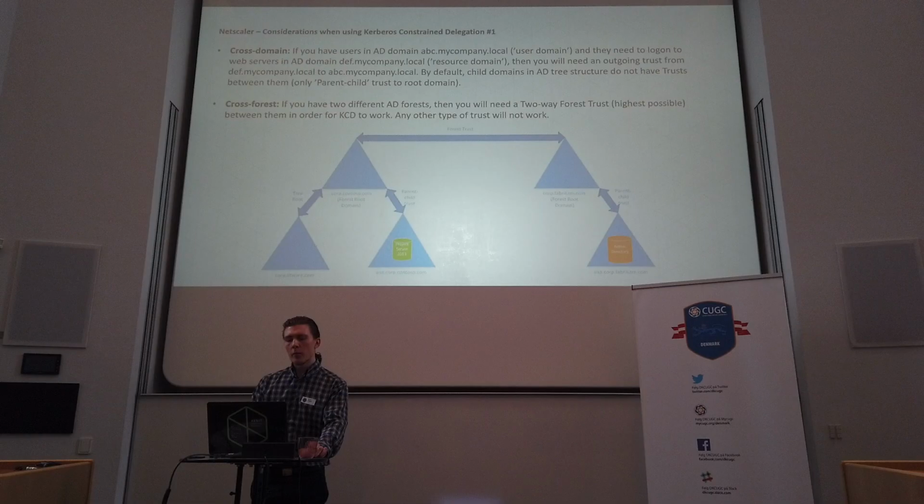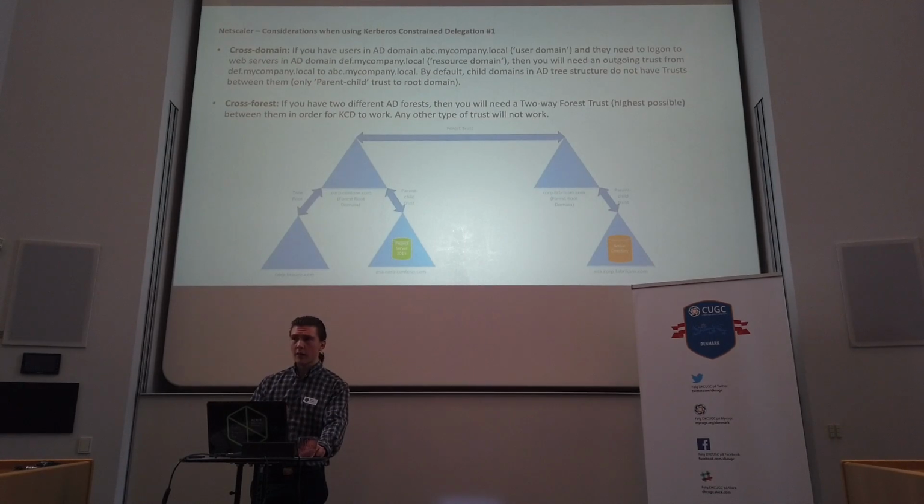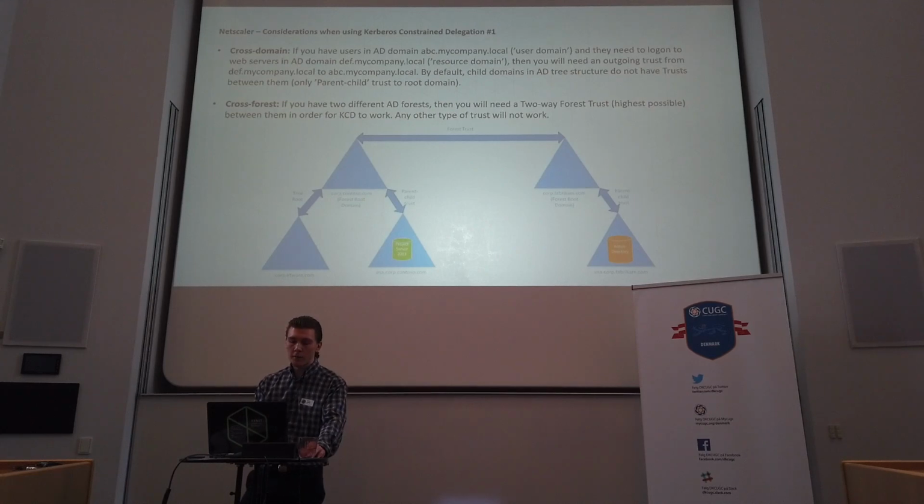Let's say you have the web service in the left forest and the end users in the right one. In order for Kerberos Constrained Delegation to work, you need to have the highest level of trust, which is a two-way transitive forest trust. There are some other types of trust, like realm trust, and I don't even know the names of them, but they won't work. You need the highest level.